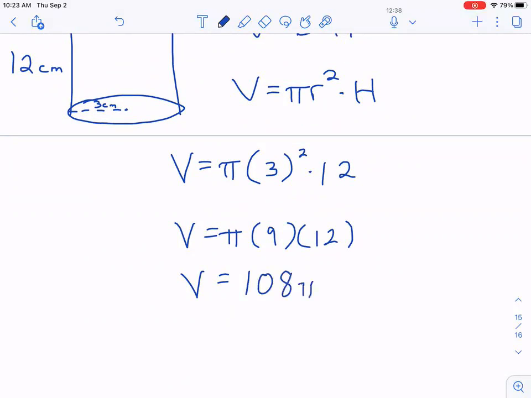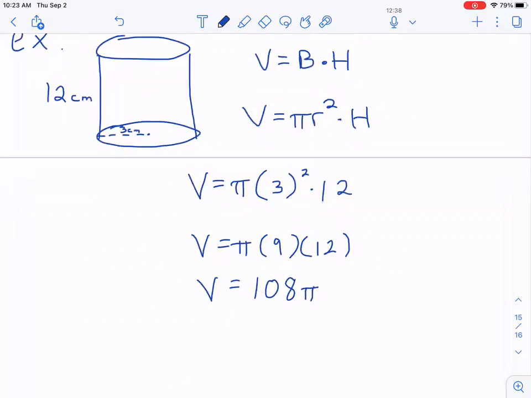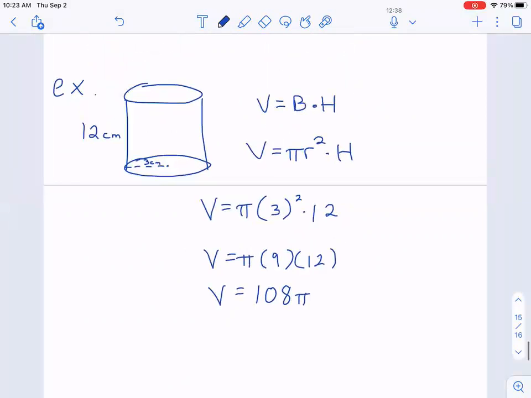And notice I didn't do anything with the pi here. The reason is, what is pi roughly again? 3.14, right? So I could do 108 times 3.14, but that's going to give me an approximate answer.